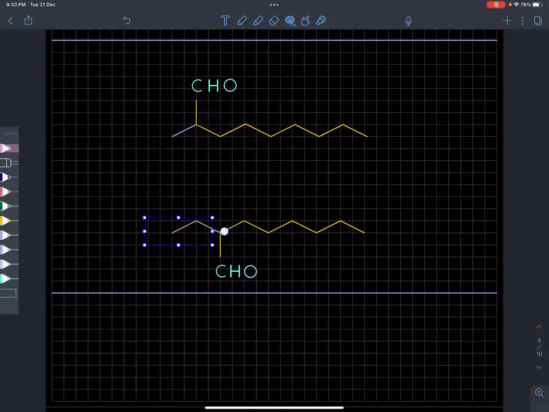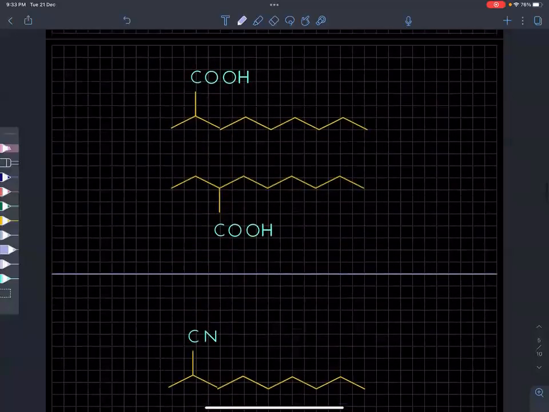So you can clearly see that the main chain on the upper molecule is longer than the parent chain in the molecule below. So obviously there is a different number of carbons in the parent chain. That's why they are chain isomers.